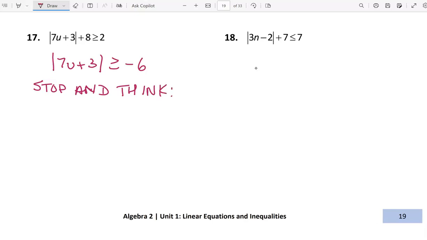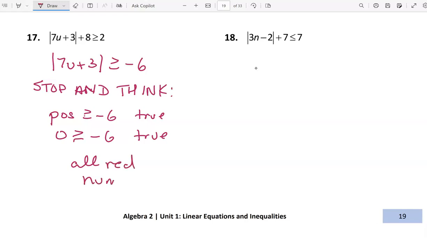So we have what is a distance, which is a number that's either positive or zero, and that number is greater than or equal to -6. So a positive number is greater than or equal to -6. That's true. 0 is greater than or equal to -6. That's also true. So apparently this statement is always true, which means that this inequality has a solution of all real numbers.